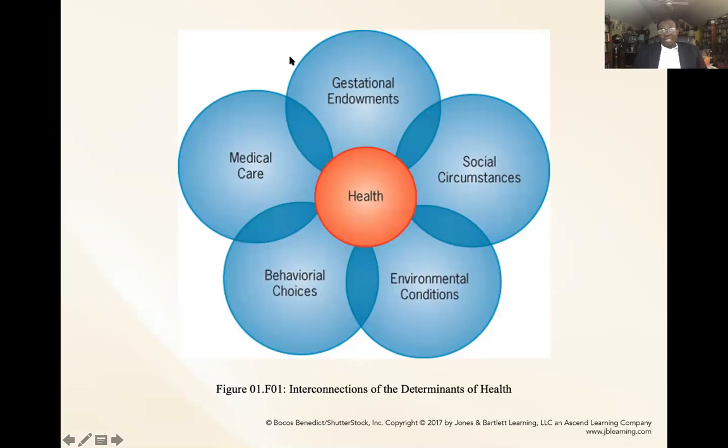You start with the gestational environment. That starts in utero when the child is in her mother's womb. We just discussed that some seconds ago. What does the mother put in? What is the health of the mother? Because if the mother is not healthy, the likelihood for the child to be healthy is not that great.